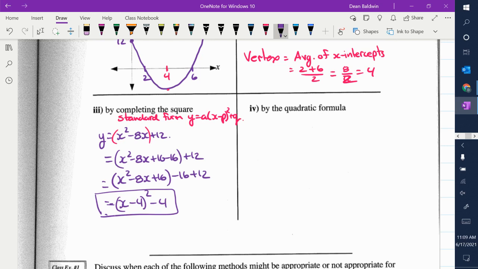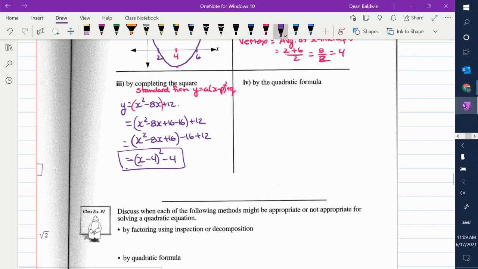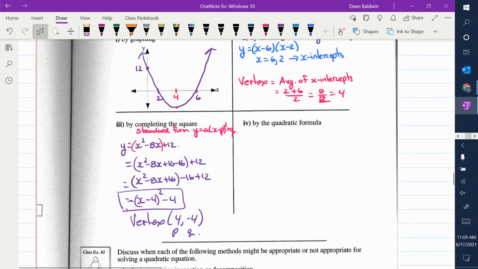There you go. So what's our vertex? 4 and negative 4. The P and Q values. All right, which matches what we did up here. When I averaged them, I got positive 4, so we know we're doing it right. So this gives us the vertex.